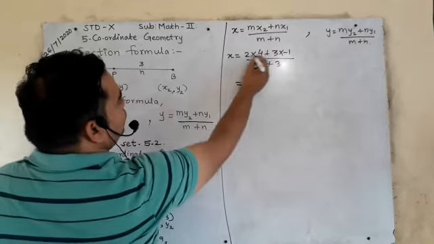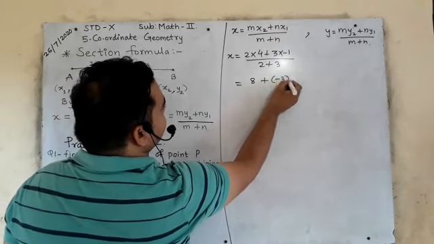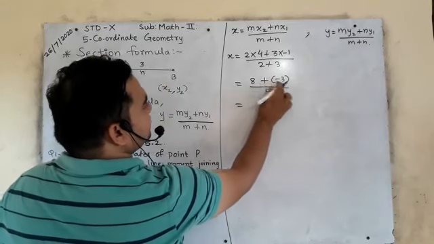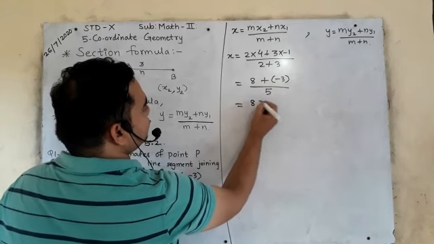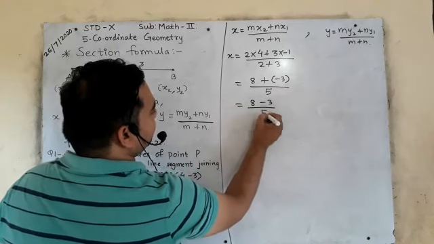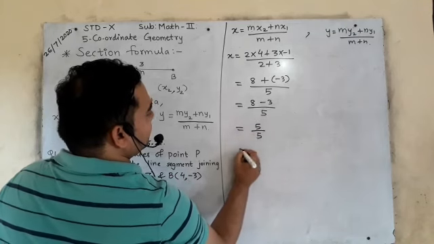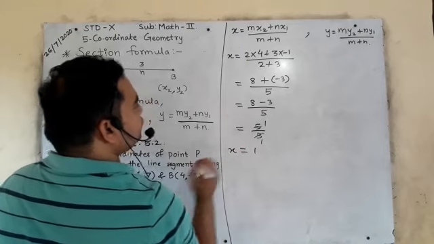Okay, so solve. 2 4s are 8 plus 3 1s are 3, that is -3, upon 2 plus 3, it is 5. So what is answer here? This is plus multiply by minus is equal to minus. So 8 minus 3 upon 5. So answer will be 8 minus 3, 5 upon 5. That is 5 ones are 5. So answer came x is equal to 1.